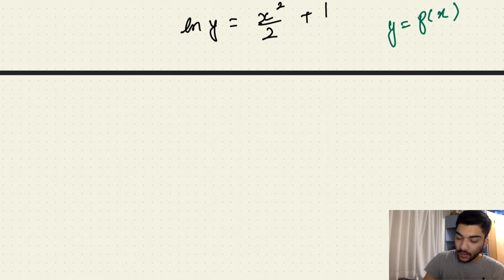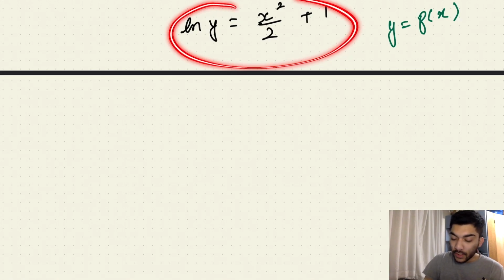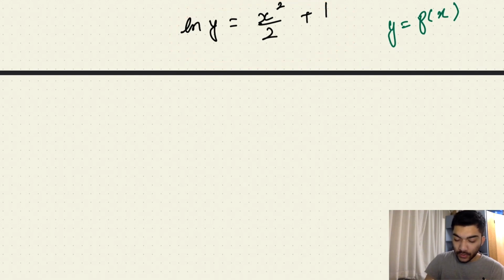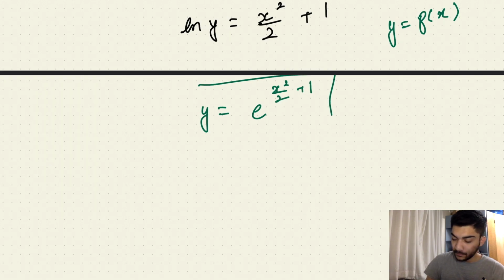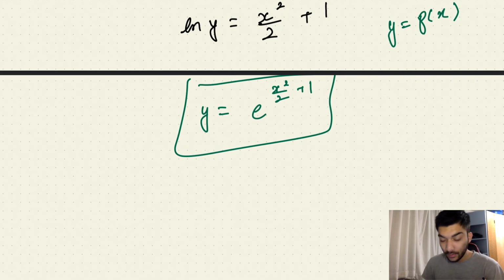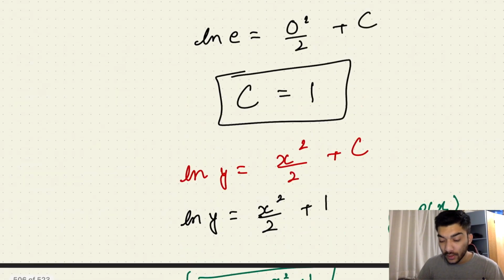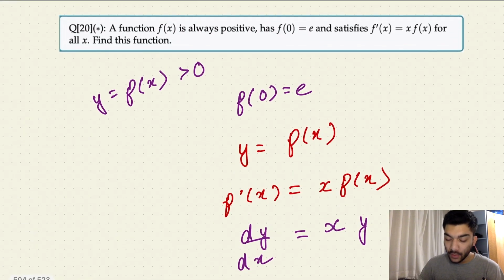In order to do that, we can just take the exponent on both sides. We will get y on the left hand side and e to the power x squared by 2 plus 1 on the right hand side, right?